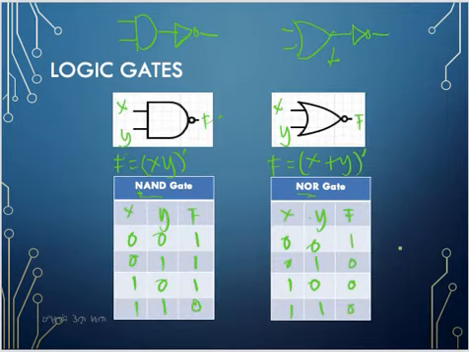So, sa NOR gate naman, okay, magkakaroon ka lang ng 1 pag parehas na 0 ang input mo. Okay?